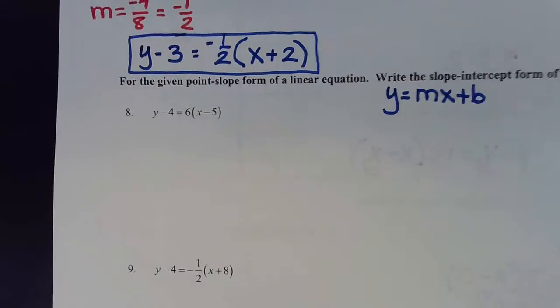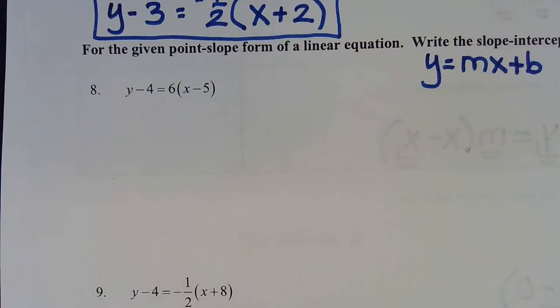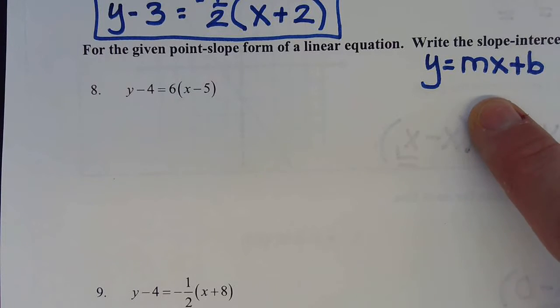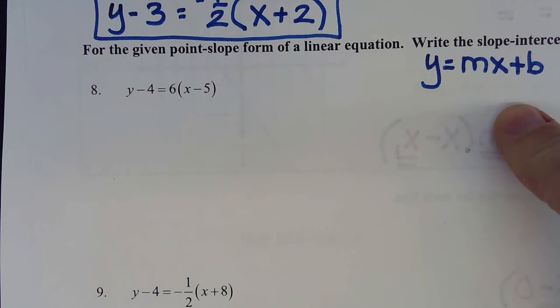So if we take a look at number 8, if we have y minus 4 equals 6 parentheses x minus 5, and I need to take that equation and manipulate it a little bit and get it into y equals, what do you think I would do first? Take care of the parentheses, which means I'm going to do what? Distribute.